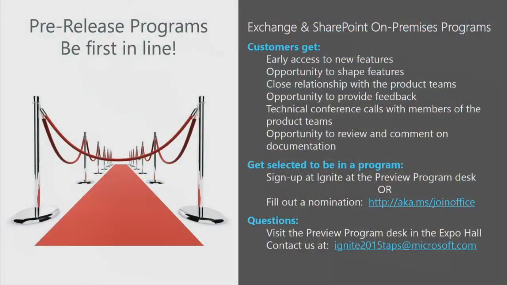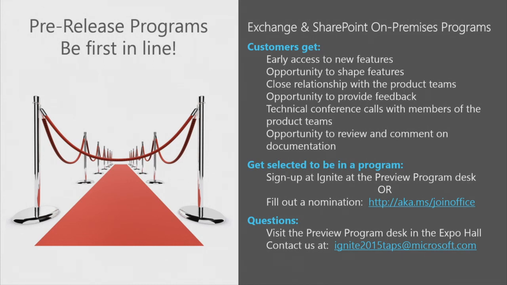And I'm going to hit two slides before, and then we'll hit questions since we actually just went right on time. Pre-release programs, SharePoint and Exchange, also called the TAPs. These are programs that help you help us help you. So you're helping us because you're running our technology as we're developing it and helping us verify that everything works as expected in a bunch of different situations.